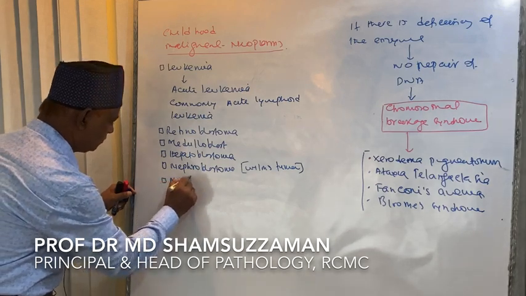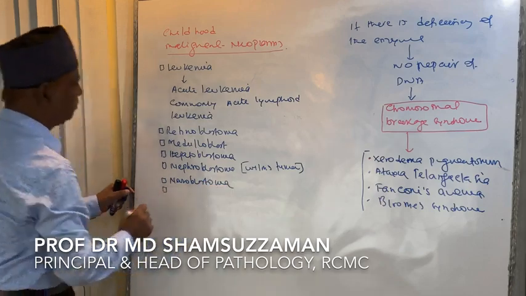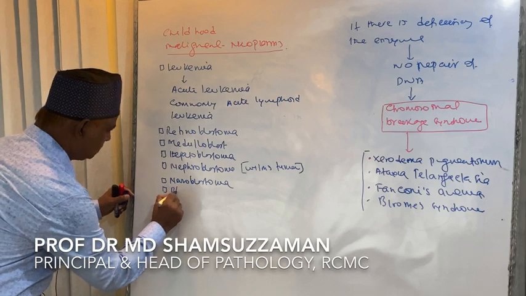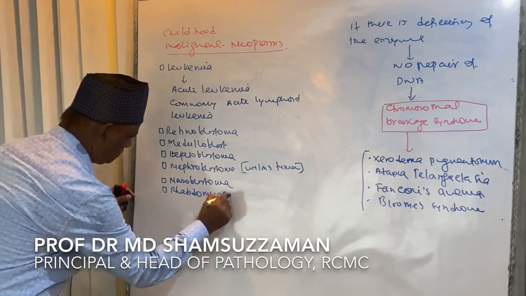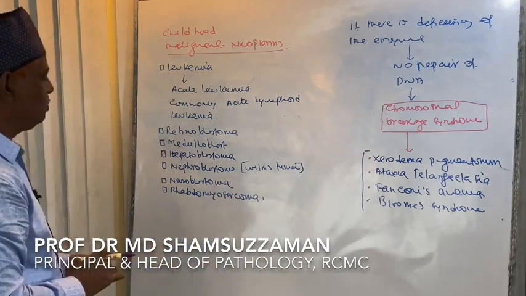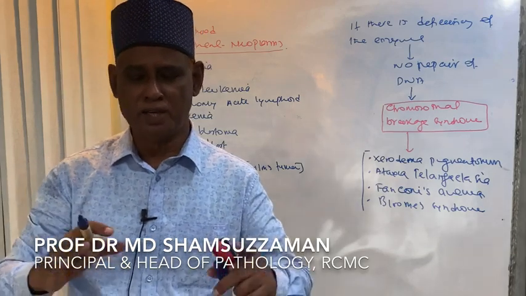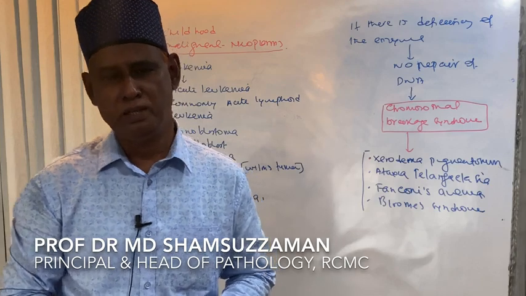Neuroblastoma, rhabdomyosarcoma, dear audience, rhabdomyosarcoma, you know, malignant neoplasm of skeletal muscle. It occurs usually under the age of 18 years, that is usually it occurs in childhood.